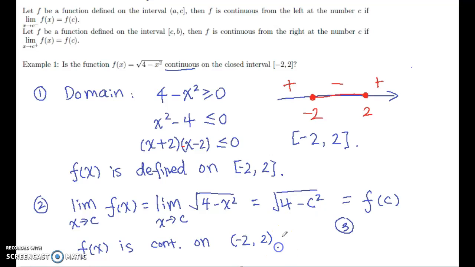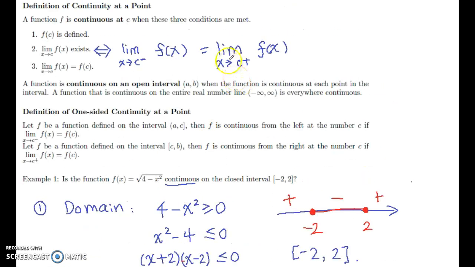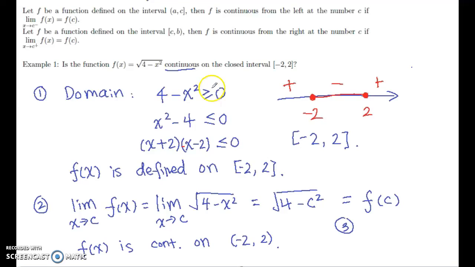Now, why the open interval negative 2 to 2? Well, you refer back to the definition of limit. For a limit to exist, the left-sided limit must equal the right-sided limit. But if we take a look at the graph of the function, it's negative 2 to 2.